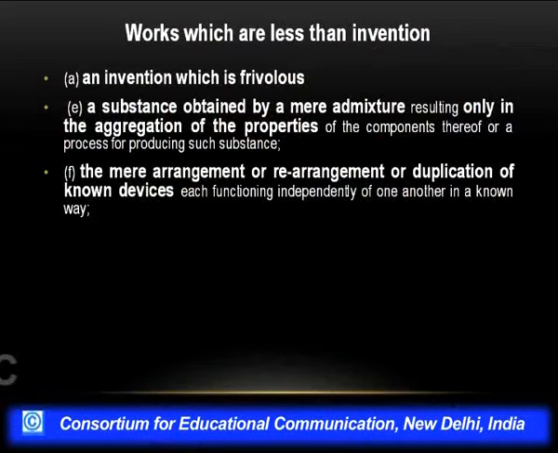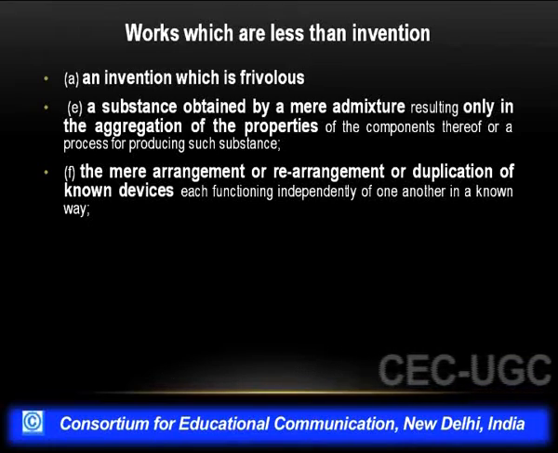If the arrangement, rearrangement or duplication of known devices does not function in a known way, then it may be given patent protection. But if it results in functioning in a way known to people, then that cannot be given patent protection.